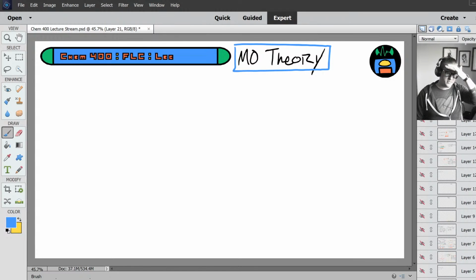This is the theory that had the ability to explain not just what we saw in the main group, but also the transition block. Are we going to get to the transition block with our discussion of molecular orbital theory?